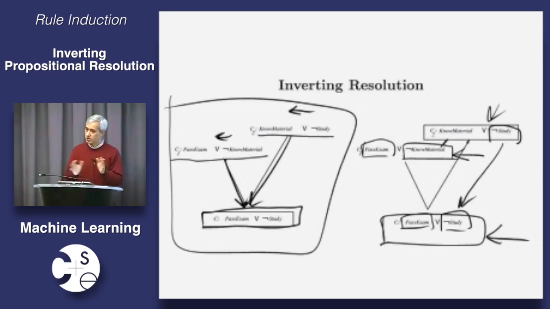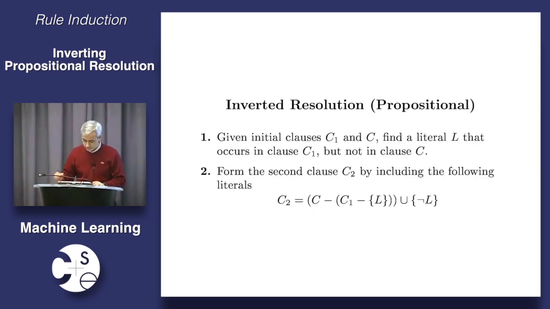All right. So any questions about this example? This example really encapsulates the whole idea here. So, here's our general and more formal statement. Here's my recipe for doing inverted resolution in the propositional case. Given my initial clauses C1 and C, where C is the resolvent, remember, C is the thing that I'm trying to come up with the rules to be able to infer.